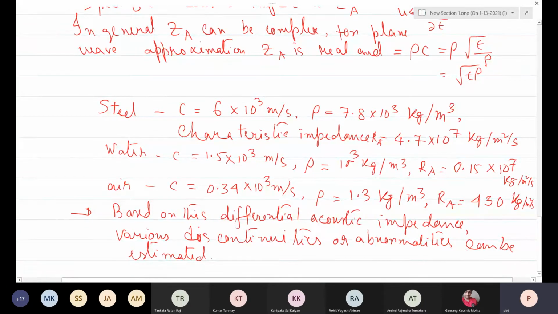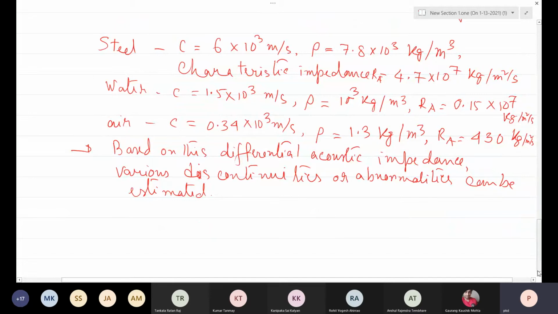For example, say in a water pipe there is some leakage, then also we can estimate that there is an interface of water to the air that will directly come into picture without the intervening pipe in between.